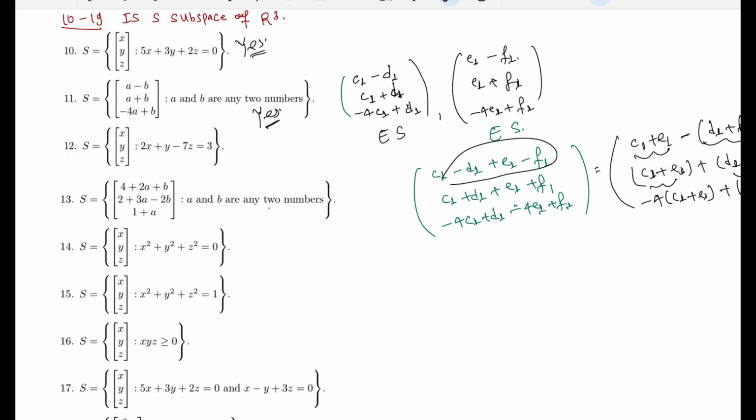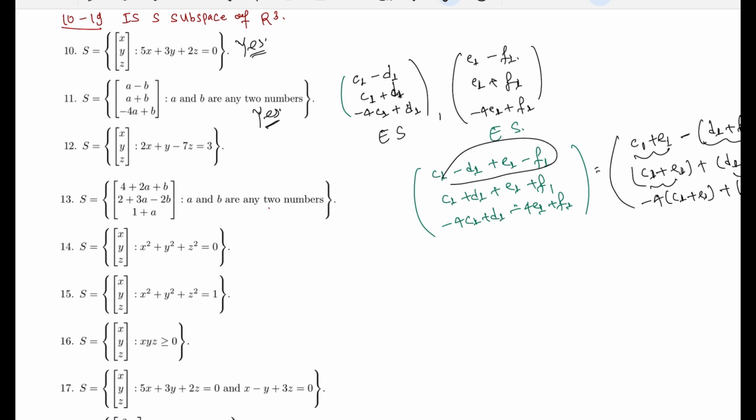Look at this question number 12. So we have the set of vectors, and all these vectors are satisfying this condition. If you look at this, this is nothing but a plane, but this plane is not passing through the origin. That means if we try to pick the vector that has all components 0, then obviously this plane is not passing through the origin, then 0 0 0 will not get satisfied.